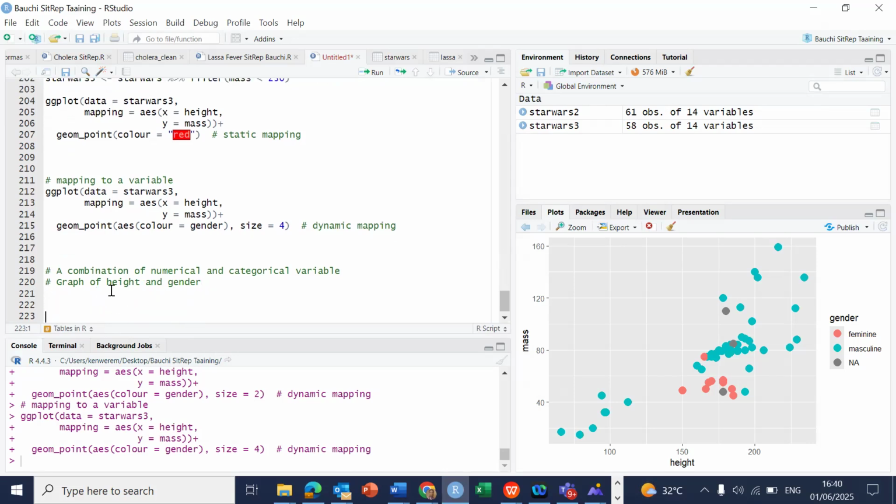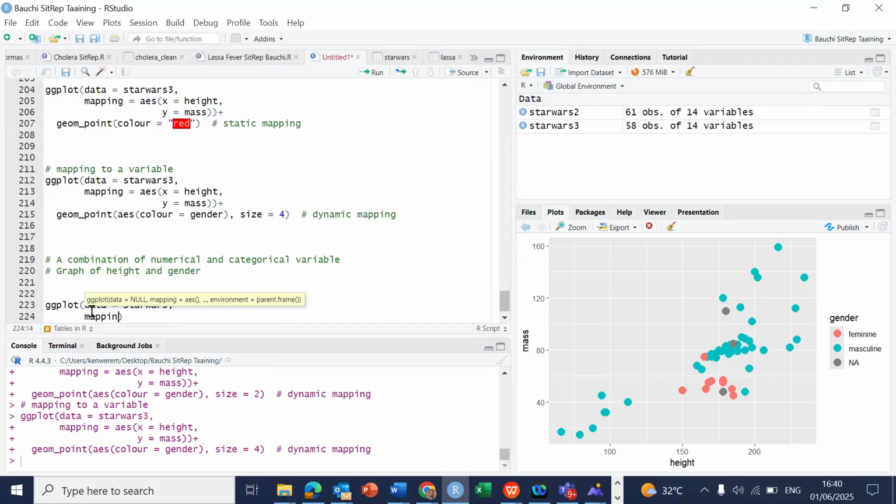Because there's a numerical variable here, we will draw the graph of the numerical variable. So it will be ggplot, then data equals starwars, mapping equals aes, x equals height.